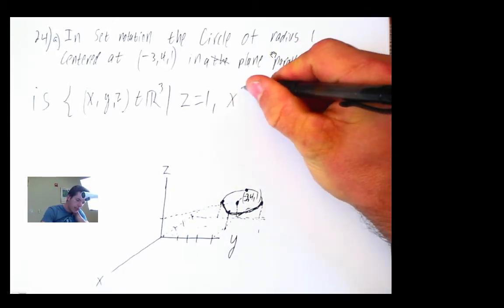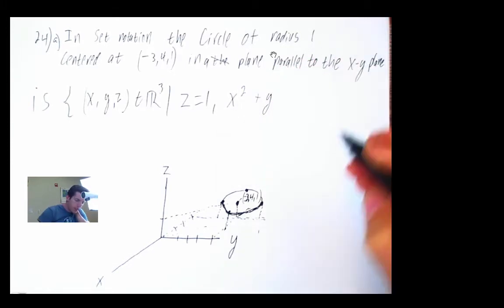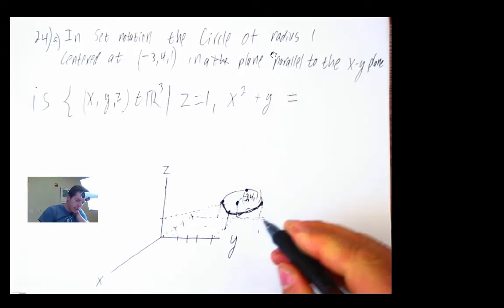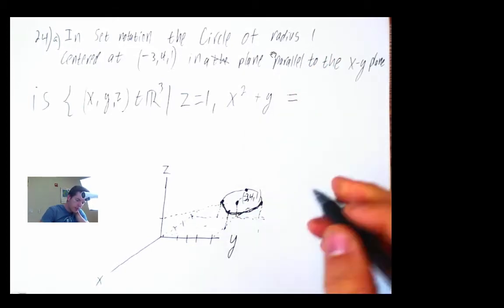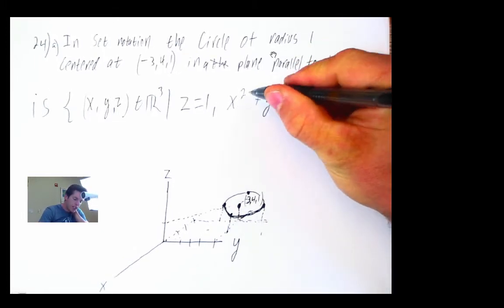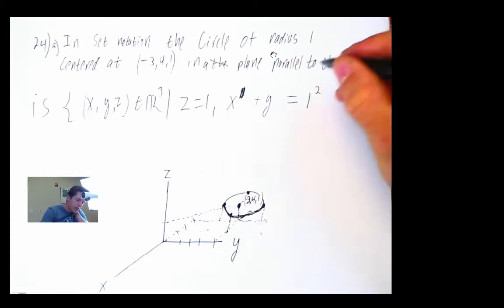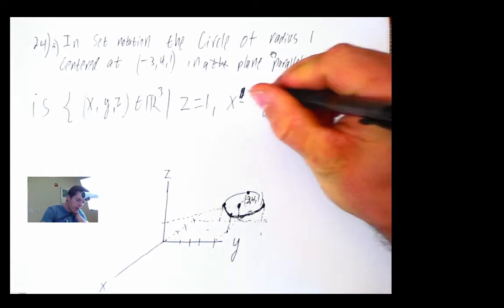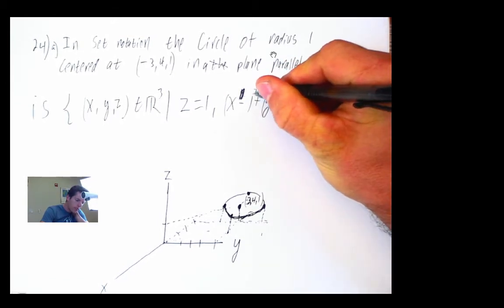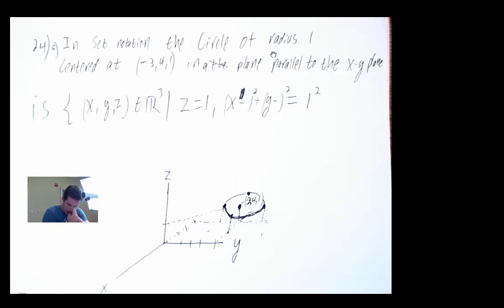x squared plus y squared. Oh, no, no, no, hold on. This circle is not centered at the point (0, 0, 0). It's a radius 1, so I know I'm going to have that, but I can't just have x squared. Man, I wish I had an eraser. Rather, (x minus something) squared and (y minus something) squared. Remember, you put the coordinates of the center of your circle here and here. So let's think about that for a second.